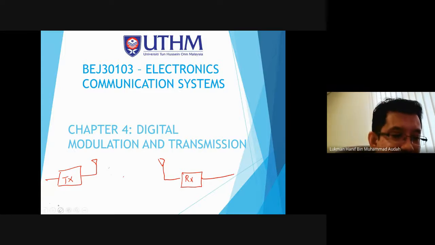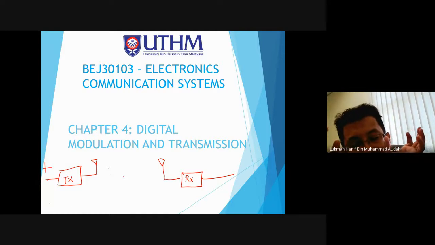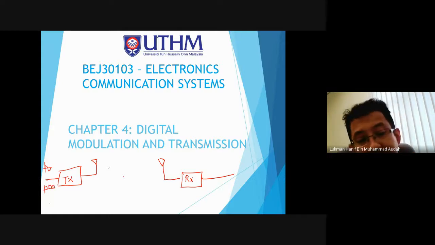Okay. So dalam chapter 4, that means kita menggunakan digital system. Digital system maknanya digital transmitter and also digital receiver. So dalam digital system, we have the flexibility to receive input analog or input digital. Kita ada flexibility.